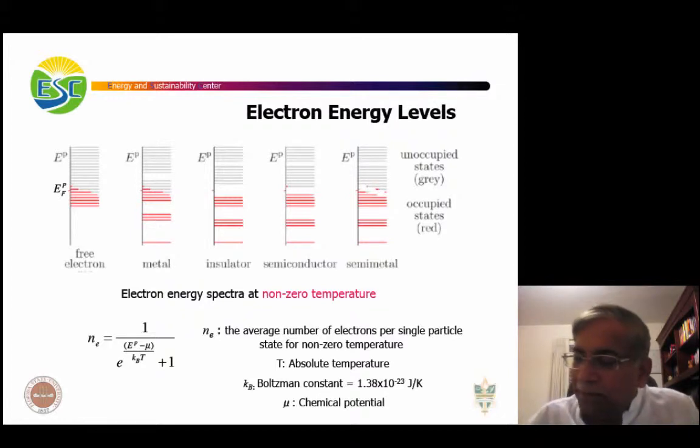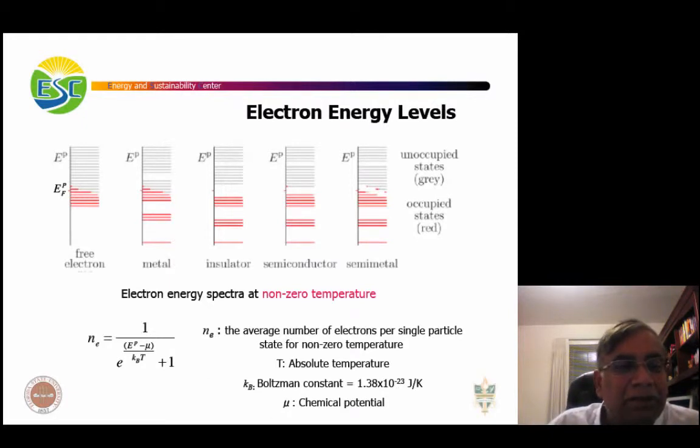The energy states previously shown were at absolute zero temperature. In that particular case, there are no electrons with energies above the Fermi level. But here, at non-zero temperature, there is some random thermal motion that allows electrons to reach energy levels up to roughly k_B times T above the Fermi level.